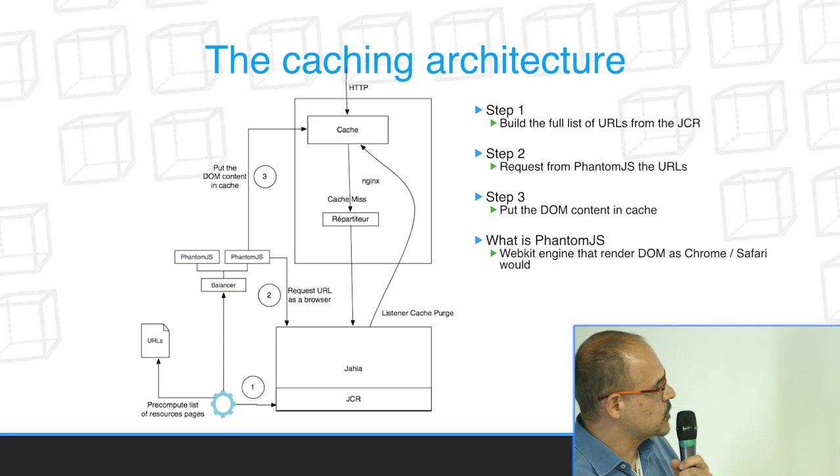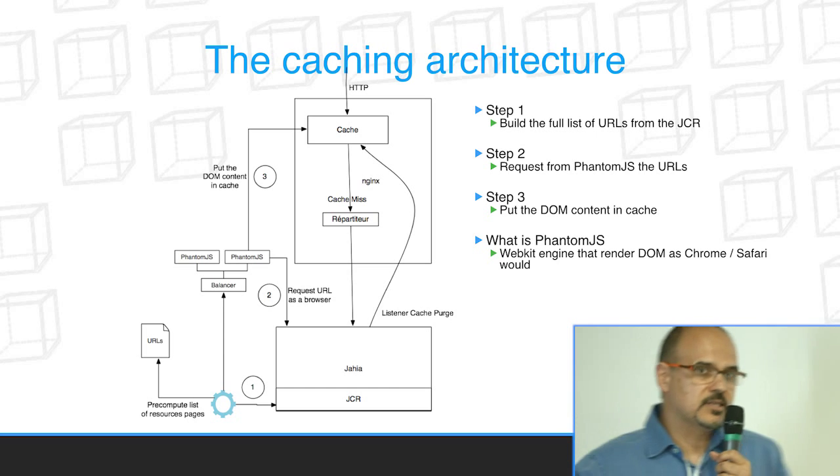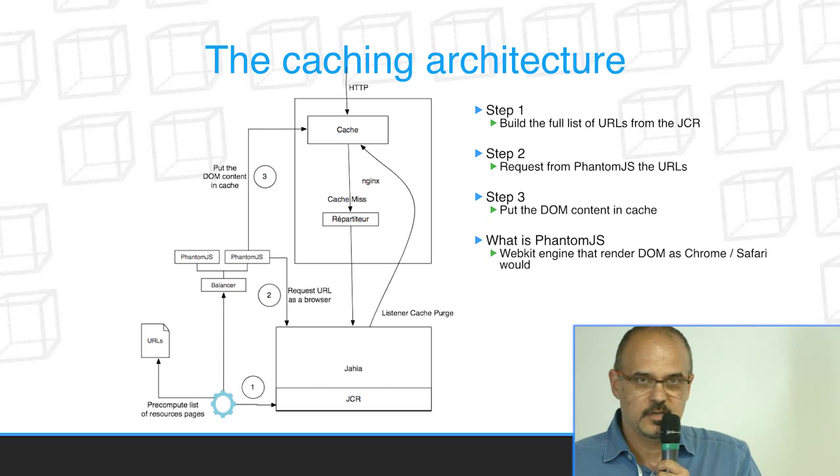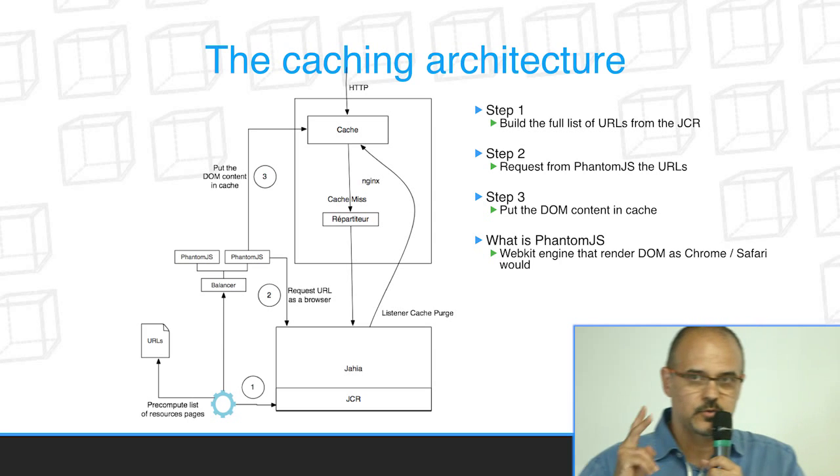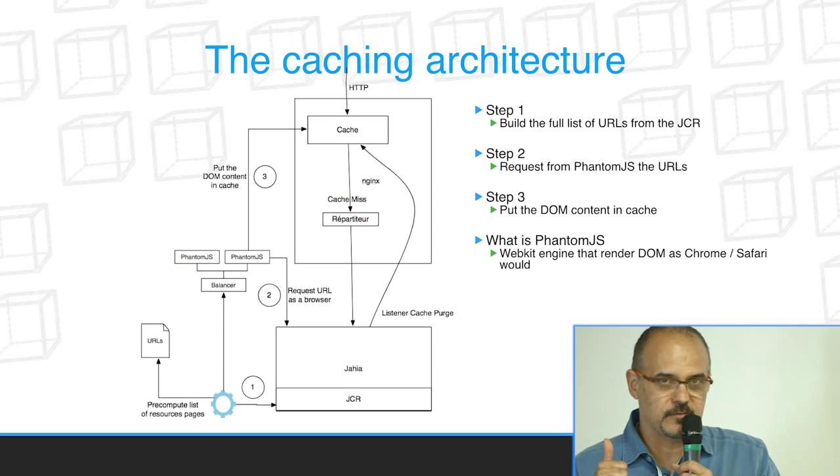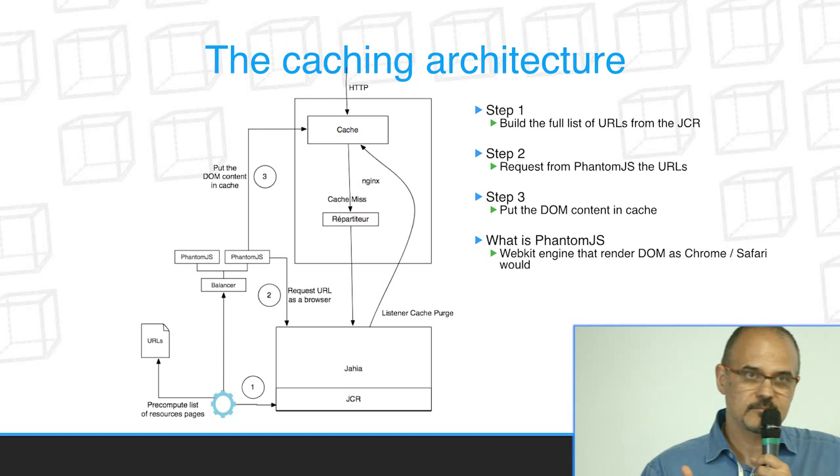The cache miss then goes to Jahia, Jahia serves the content, and the data is put in the cache. That's the classical way of doing it. But it doesn't solve two problems. It doesn't solve the first problem, the first access, since we have a cache miss at the first access. And the second problem it doesn't solve is the single page application where we have Ajax calls.